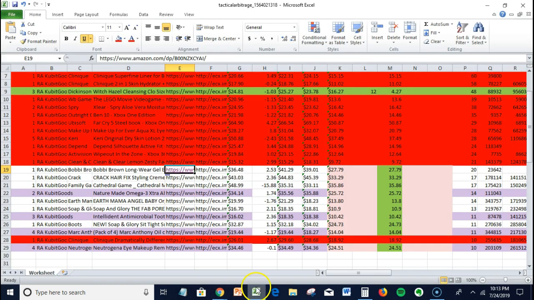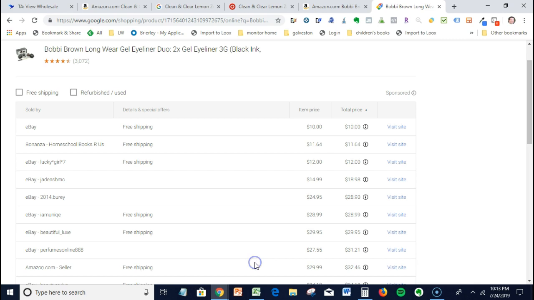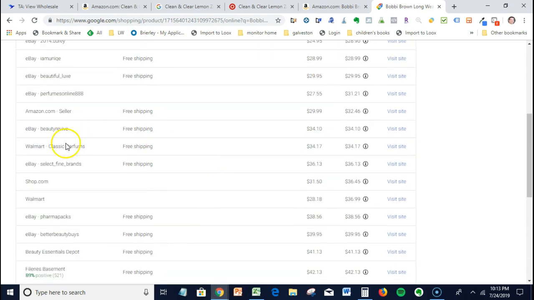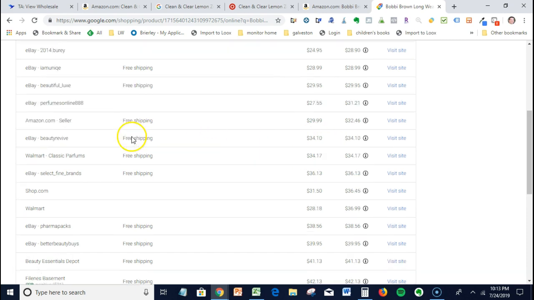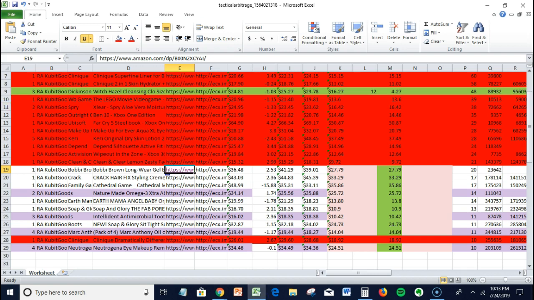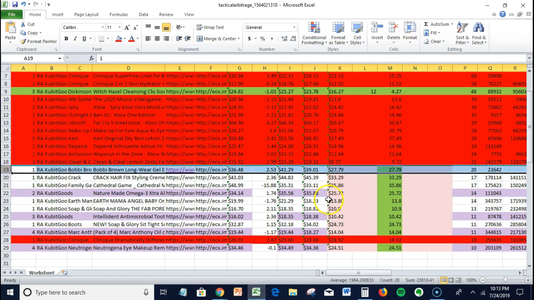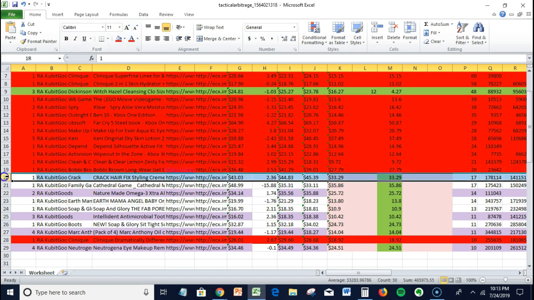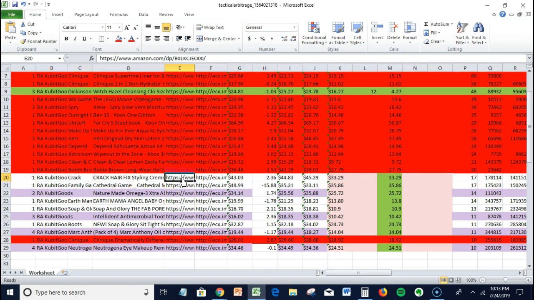I'm not finding anything cheap here. I'm not seeing anything here. I don't remember if you found something cheaper or not, Randy, but I don't see it.